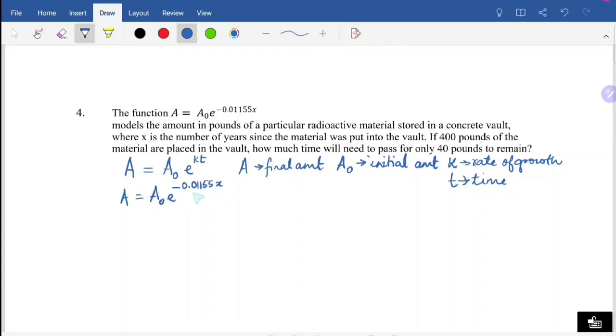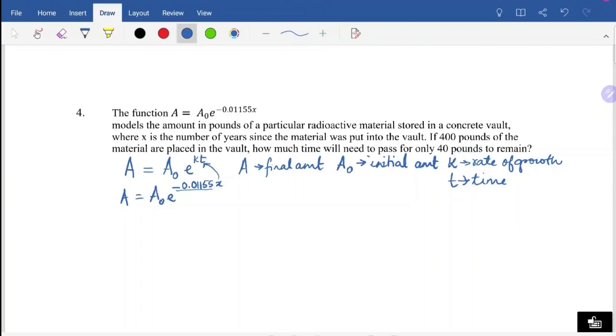So they have given us a value for K, which is negative 0.01155, and then X is actually the T. So instead of writing a T, they have given us X. All right, so X and T represent the same thing, time in this case.